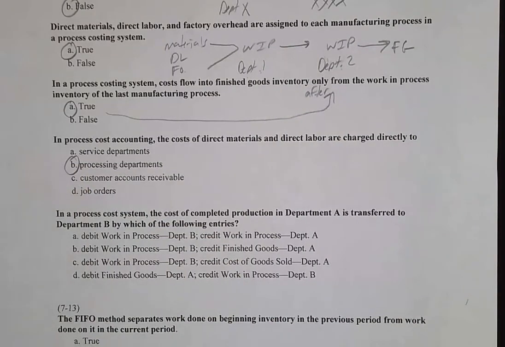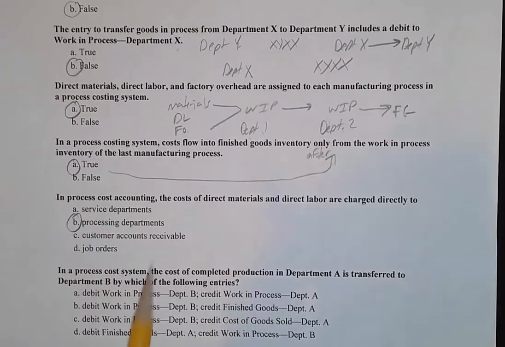Okay. Last question for this video right here. It says, in a process cost system, the cost of completed production in Department A is transferred to Department B by which of the following entries? Well, we looked at that already back here.